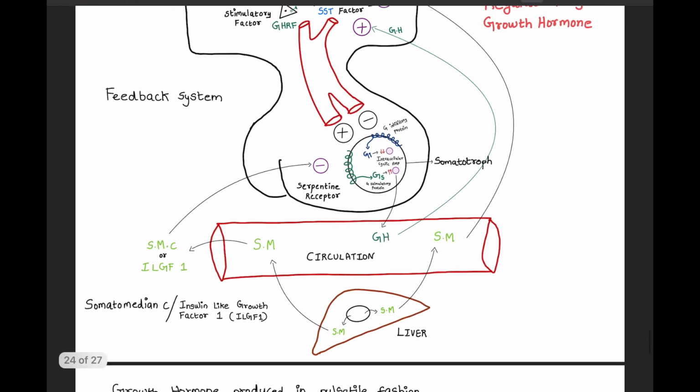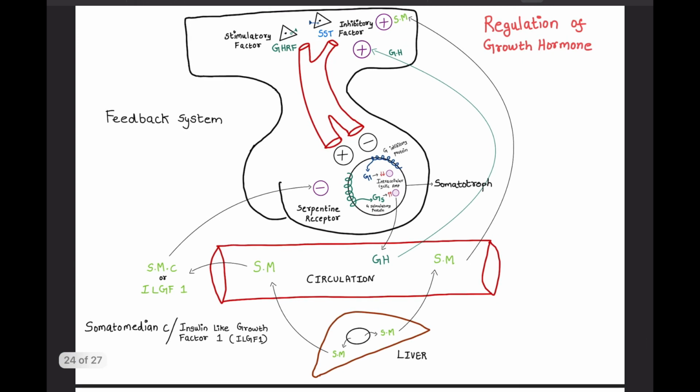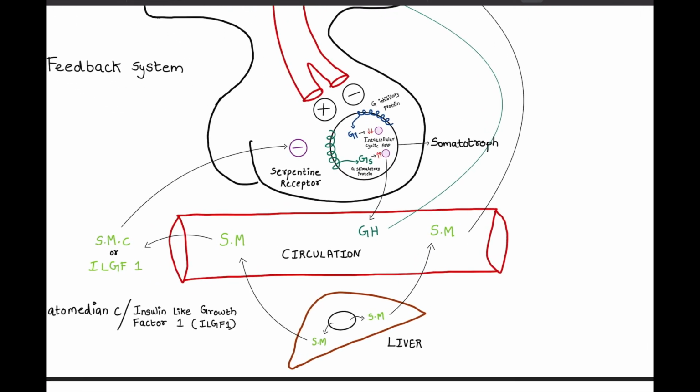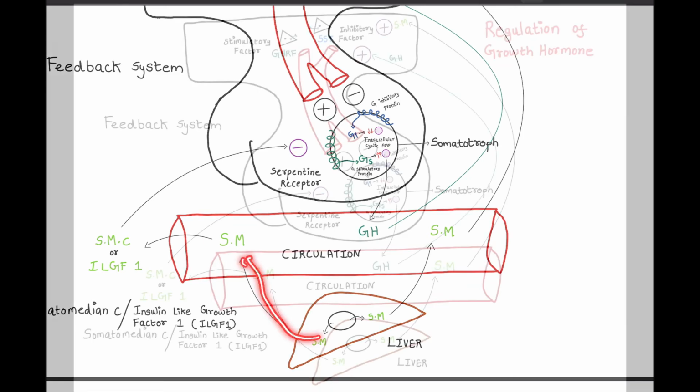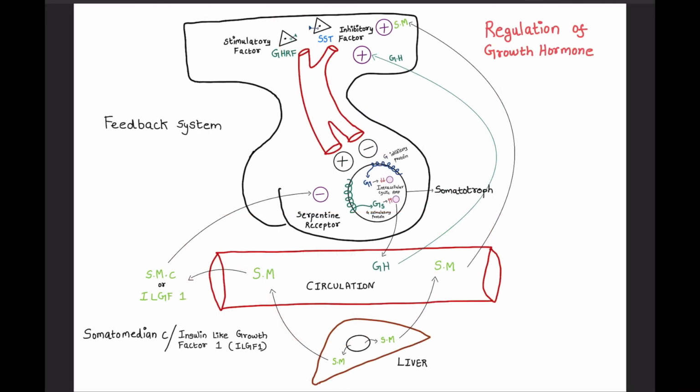So when growth hormone is released into the circulation, it will go to the liver and form somatomedins. These somatomedins go back to the circulation. If the growth hormone levels are higher than normal in the circulation, this growth hormone will act on the inhibitory factor and activate or stimulate it.